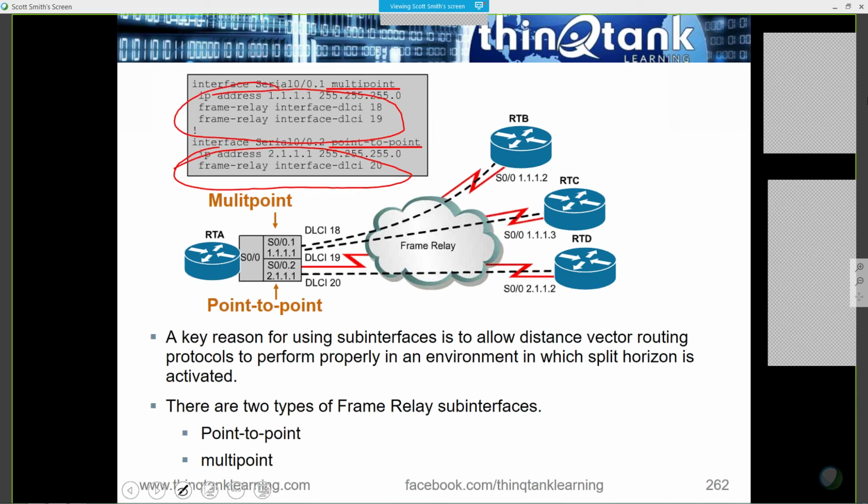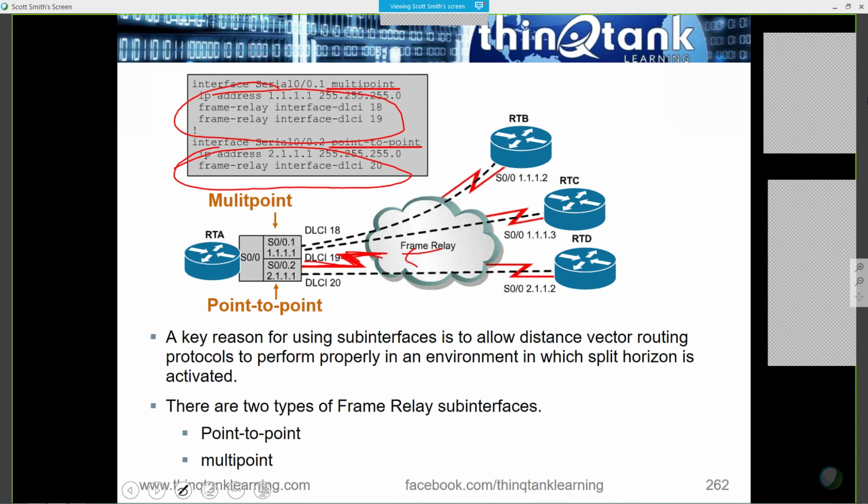Does the service provider know what sub-interface a del C goes to? Where is the service provider sending the del C to? The physical wire. As far as the service provider is concerned, there's a wire there, and I'm sending the del Cs onto that wire. What you do with those del Cs is completely up to you.